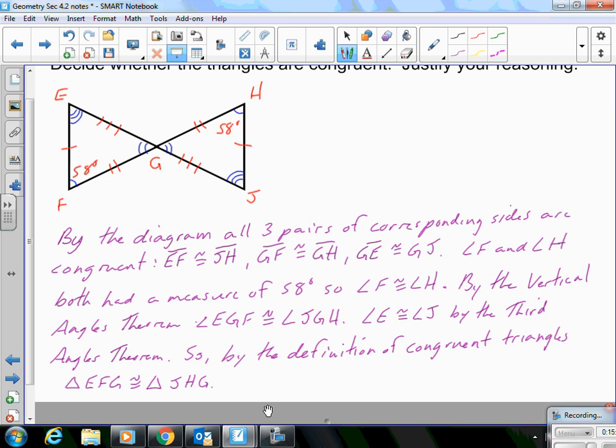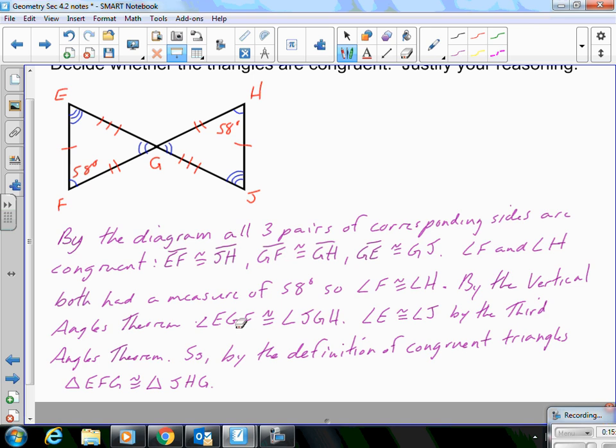EF was congruent to JH, GF was congruent to GH, and GE was congruent to GJ. Angle F and angle H both had a measure of 58 degrees, so angle F is congruent to angle H. By the vertical angles theorem, angle EGF would be congruent to angle JGH.